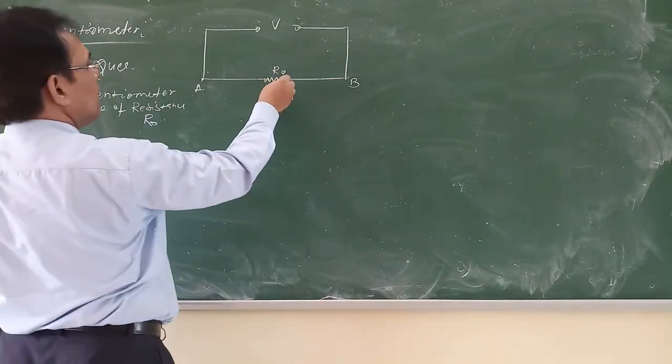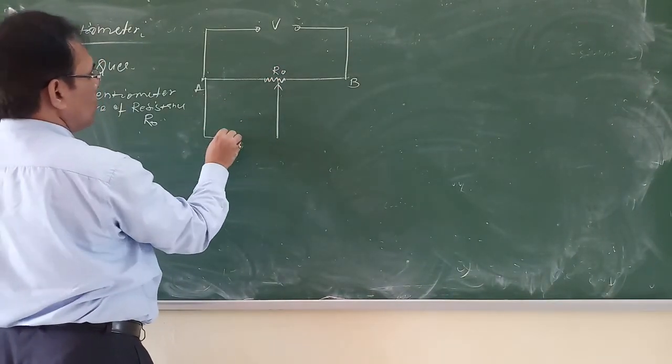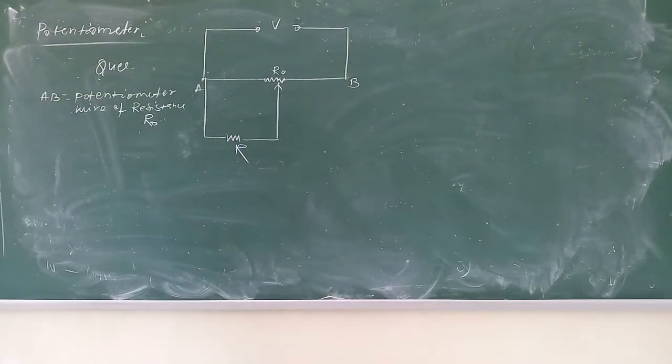Now from the middle of this wire, the center of this wire, one resistance R is connected in parallel.